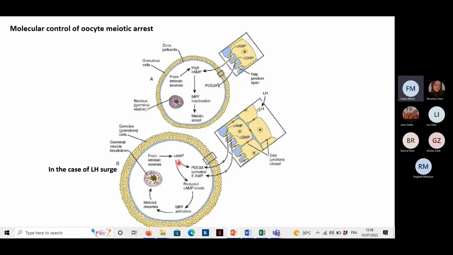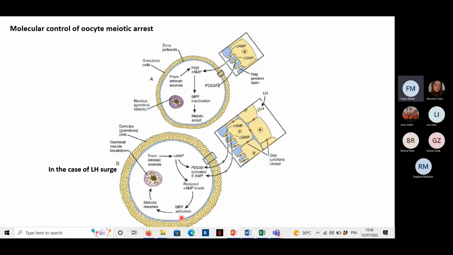So the cyclic AMP inside of the oocyte can be hydrolyzed or degraded, and as a consequence of its hydrolysis, we will have reduced cyclic AMP levels, and the MPF will be activated, and as a consequence of the MPF activation, meiosis 1 resumes.